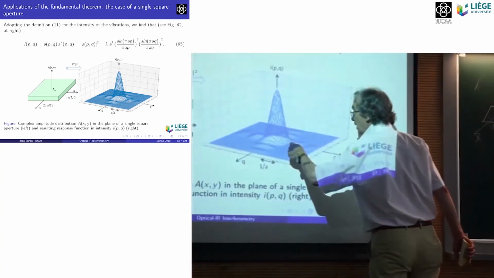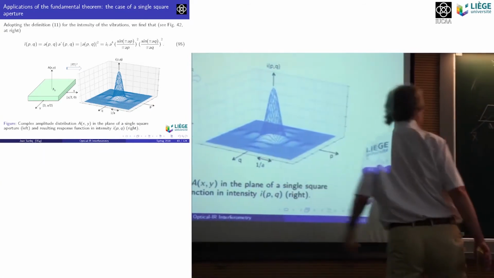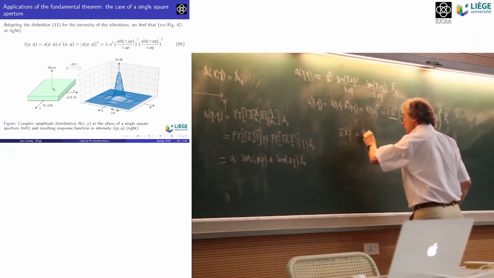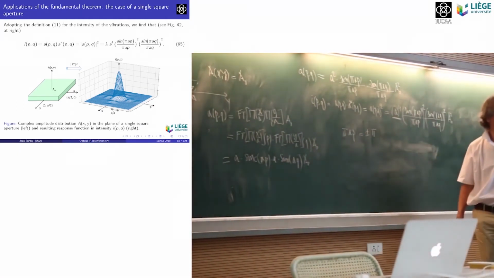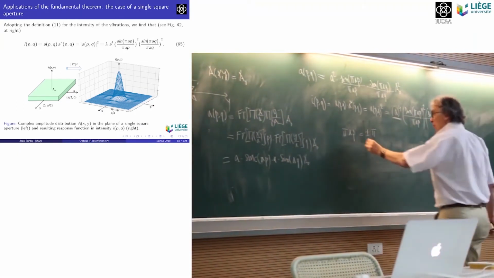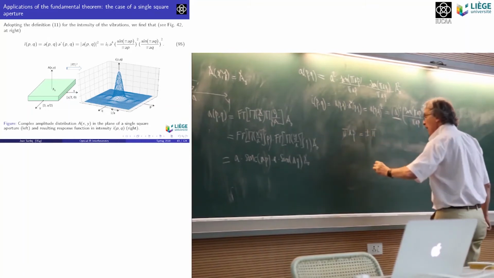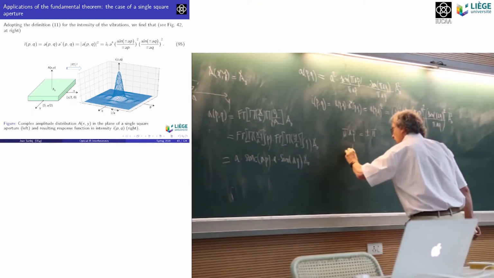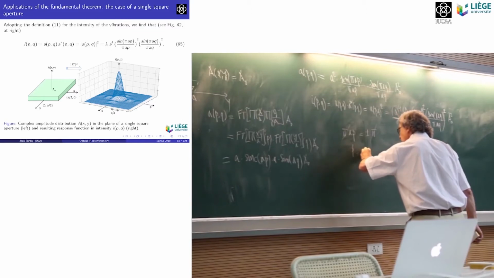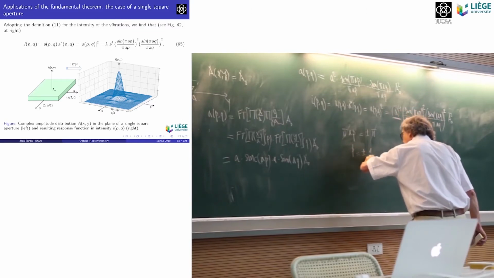And if it is minus pi, it will be here. So what I can write is that I will have 0 whenever this is equal to plus or minus pi. So I may divide by pi, and I find that in that case, p will be equal to plus or minus 1 over a.